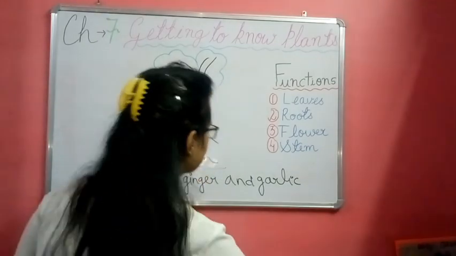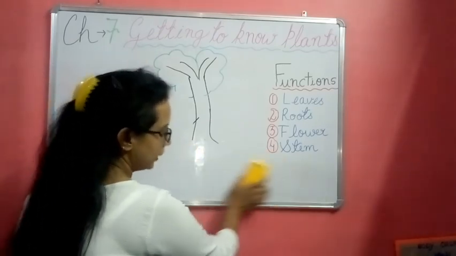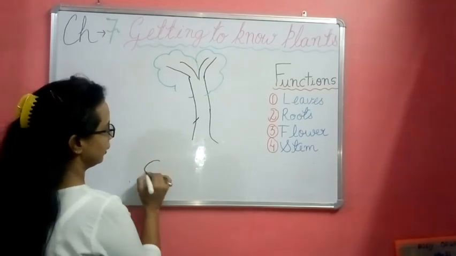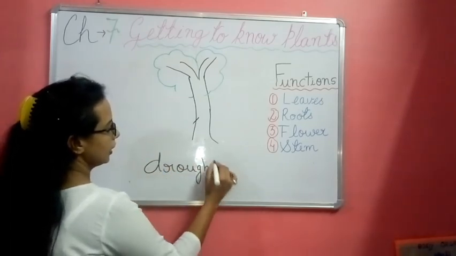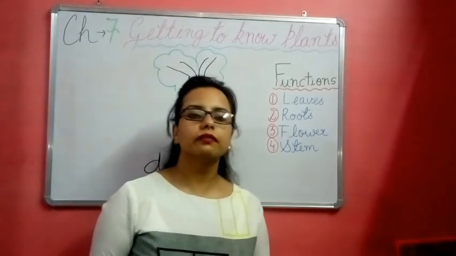Drought means the dryness. Okay, I am writing the spelling here, D-R-O-U-G-H-T. This is the drought, meaning the dryness of the soil.